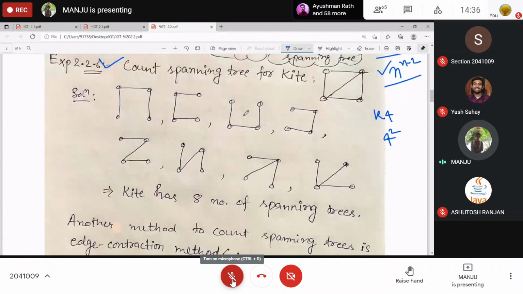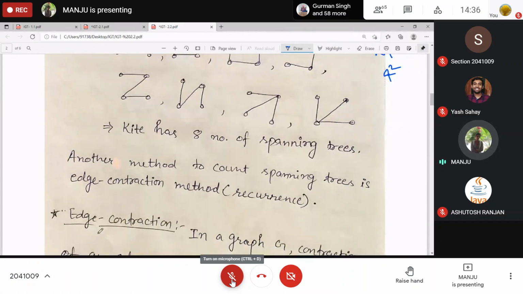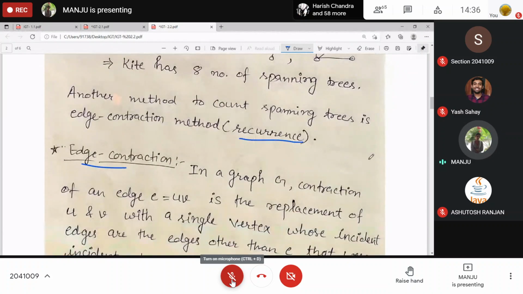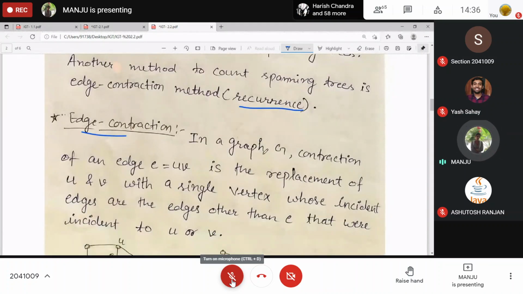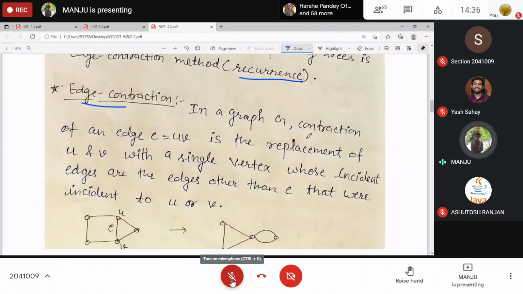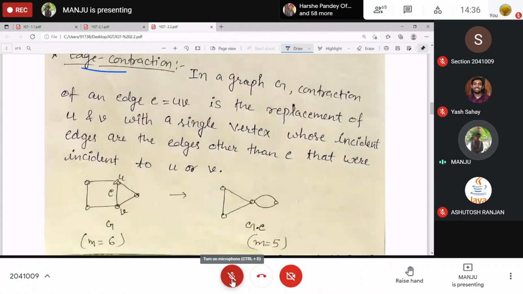One way is you can count like this: first draw them. But in all graphs it may not be possible, and drawing all the spanning trees, you may miss some. So another method to count spanning trees is the edge contraction method, also known as the recurrence method. Whenever you contract an edge, you replace that edge with a point.